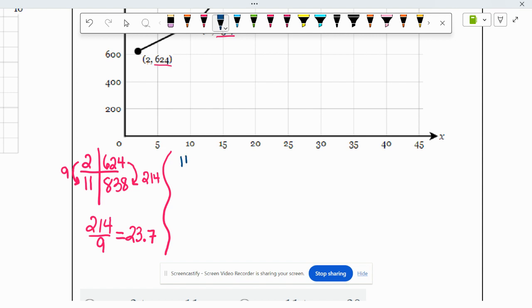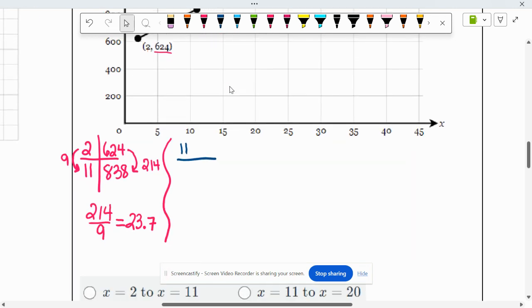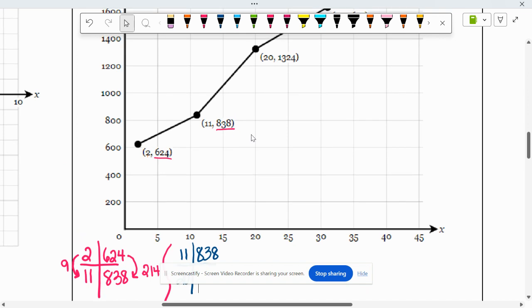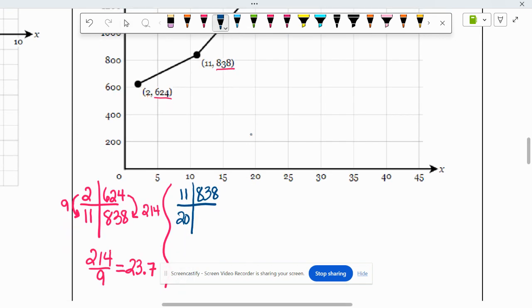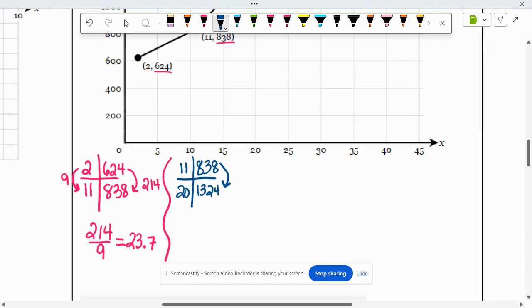I need to figure out what happens when x is 11, and the next segment is at 20. Well, I know that when x is 11, y is 838. And when x is 20, y is 1,324. Okay, so is y getting bigger or smaller? Bigger. By how much? Take the bottom number and subtract the top number.